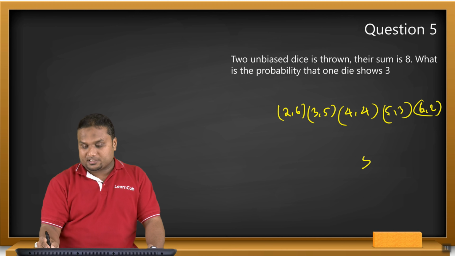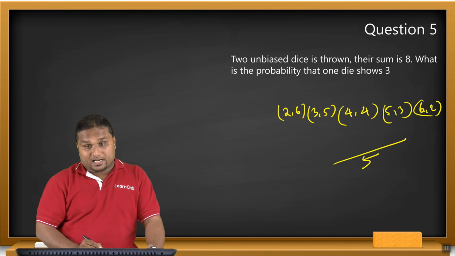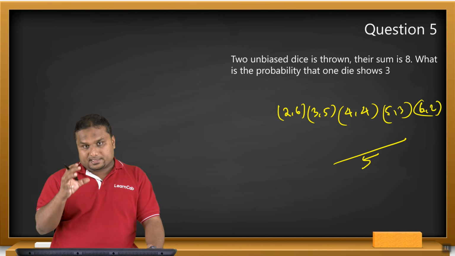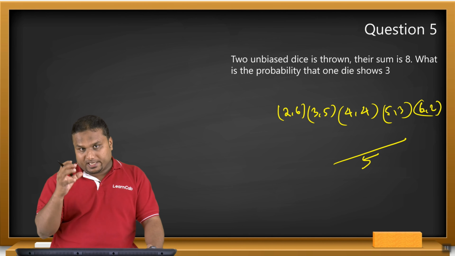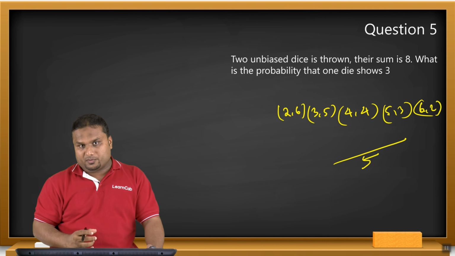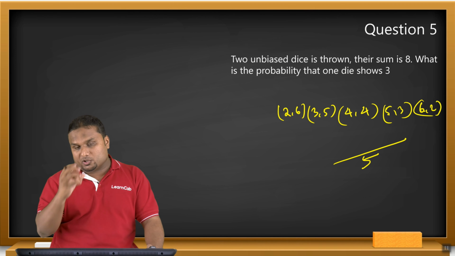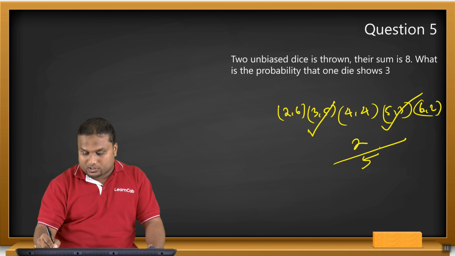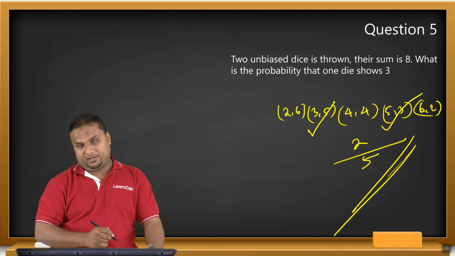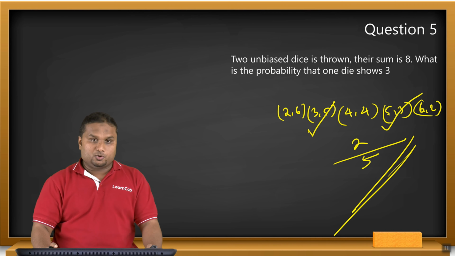There are 5 chances because it is conditional probability where the sum, which is 8, has already happened. Now they are asking the probability that one die shows 3. One die shows 3 means here there is 3, 5 and here there is 5, 3. So there are 2 outcomes. The answer is 2 by 5.